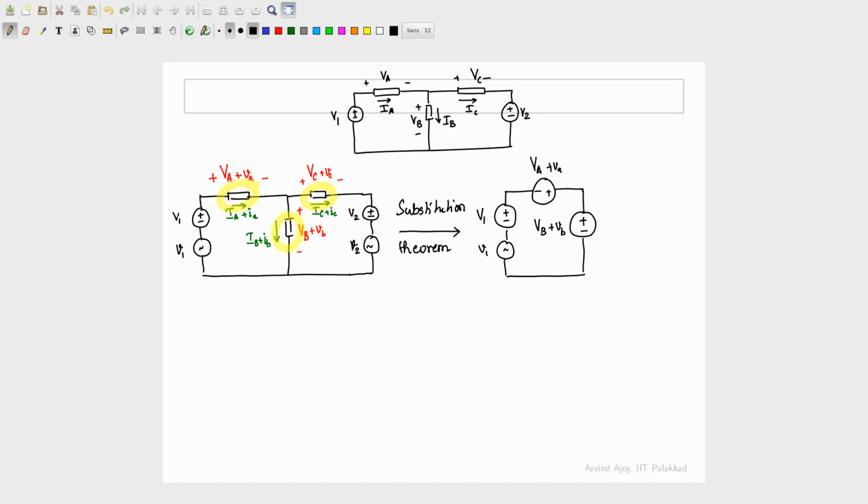So that will remain V1. This is going to be painful to draw, but anyway. So this would be a minus plus, and that voltage would be V cap A plus small va. Then I'm going to have another voltage plus minus. Let me call that V cap B plus small v.